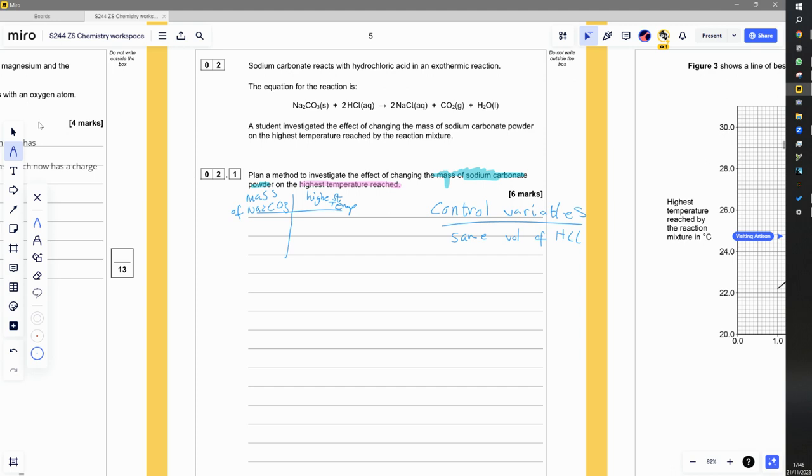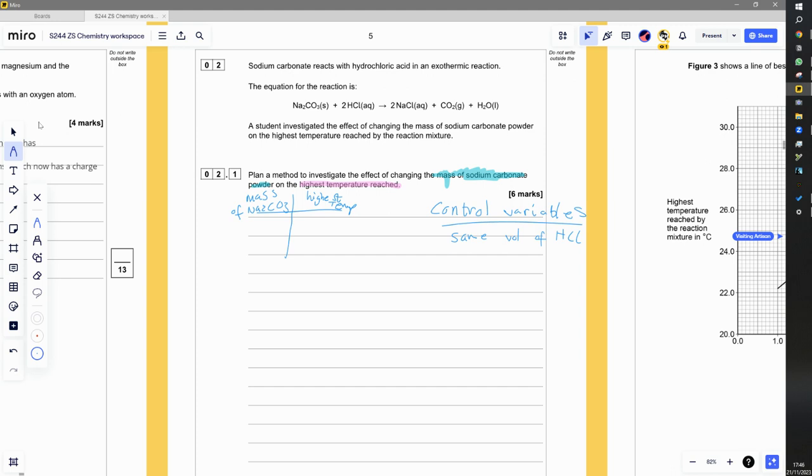What else do I want to do? I probably want to think about how I can make sure that the heat doesn't escape the container that I'm keeping it in. So, could I pour acid into some sort of insulated container? I need to know that the insulated container is not going to be melted by the acid.